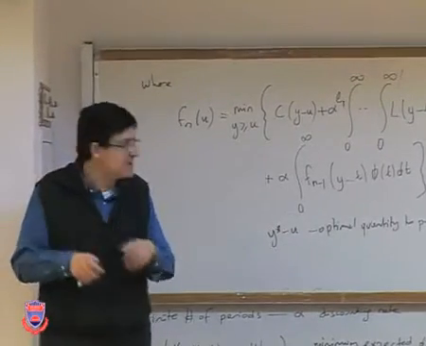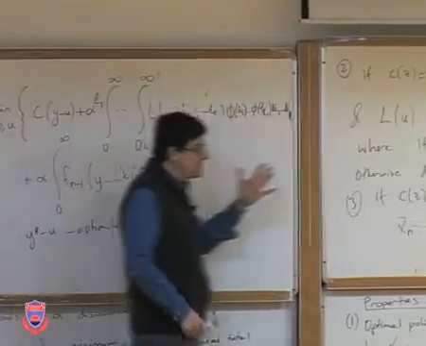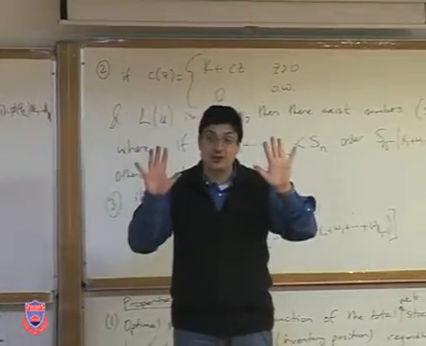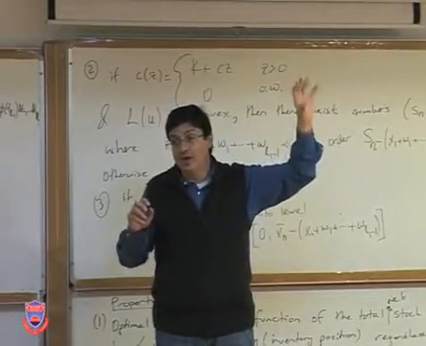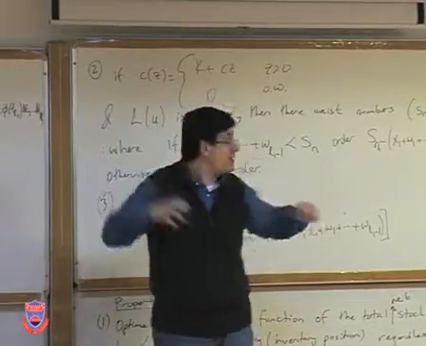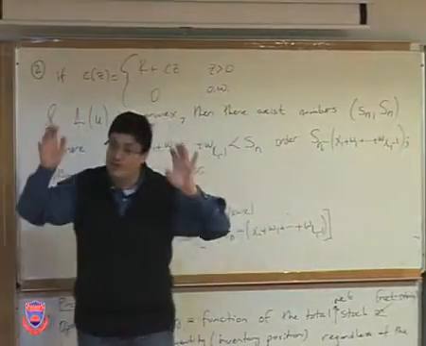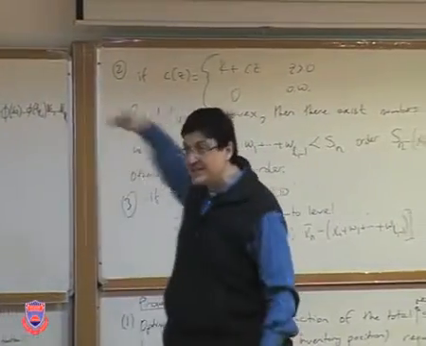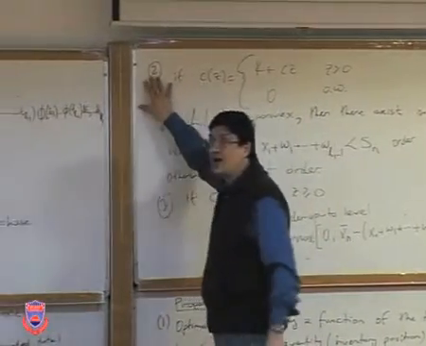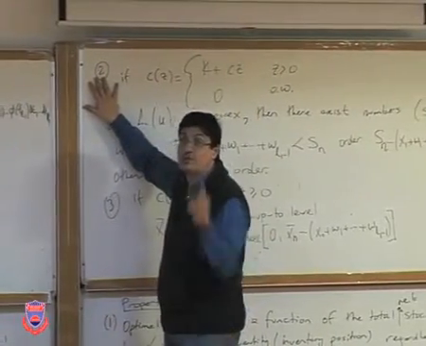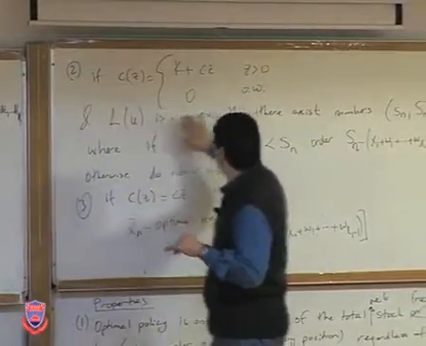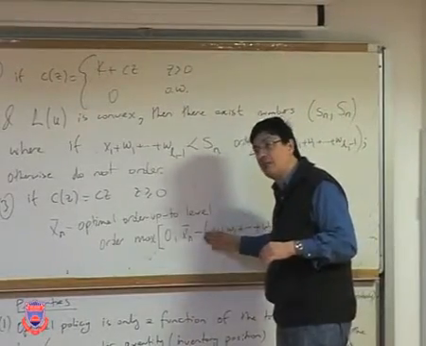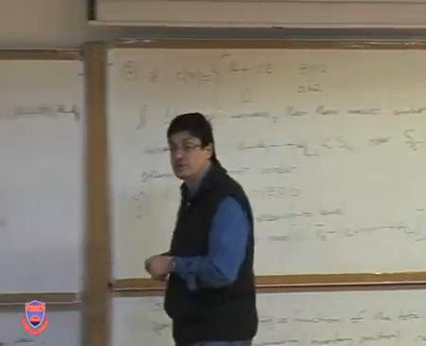Now, in general, in inventory systems, in a few cases you can show that this is the best thing to do. In other cases, you assume that you are going to apply an S policy or an SS policy, but that does not necessarily mean that it is the best possible policy. But in this case, the properties are actually the properties of the optimal solution. The optimal solution is always going to follow an SS policy if this is the cost function. Otherwise, it will follow this type of policy if it is a linear purchasing cost.